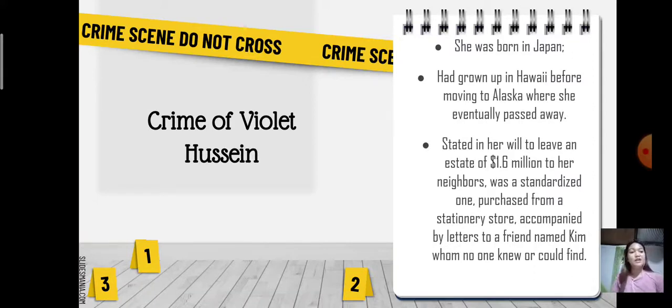And attached to her will are letters for Kim. These are letters from Violet Hussein to her friend Kim, which none of her friends or family knew about. Because of the will from Violet Hussein, the siblings contested the will.